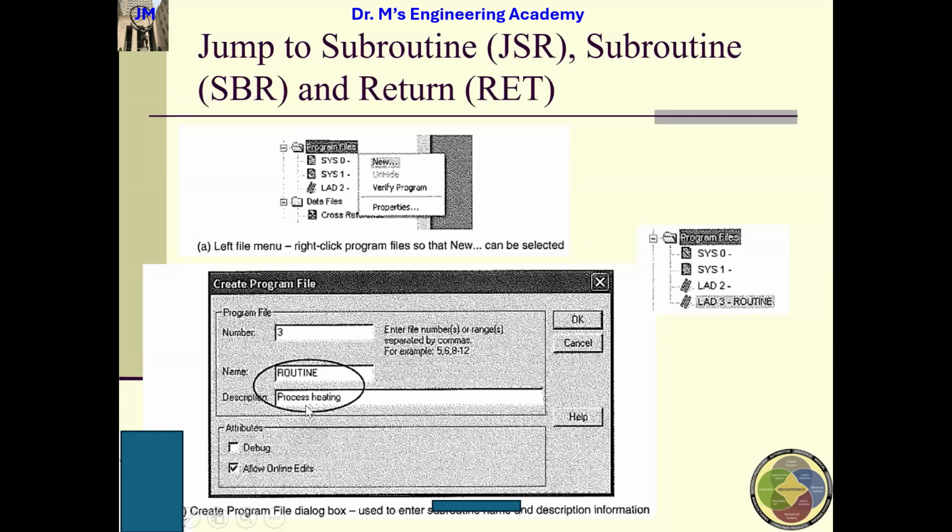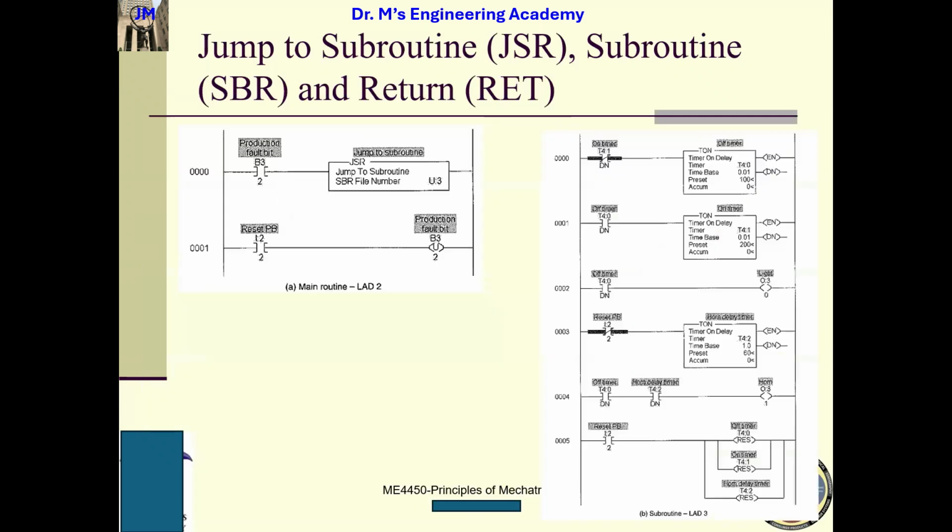Name the routine, and you can write some description here, for example the purpose of this program. Then you just click, and you will see the interface where you can write new runs, just like when we write other programs.